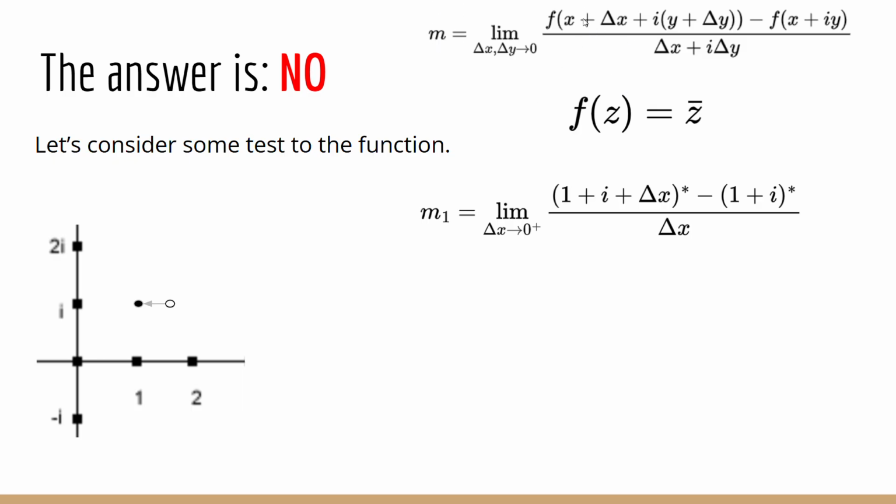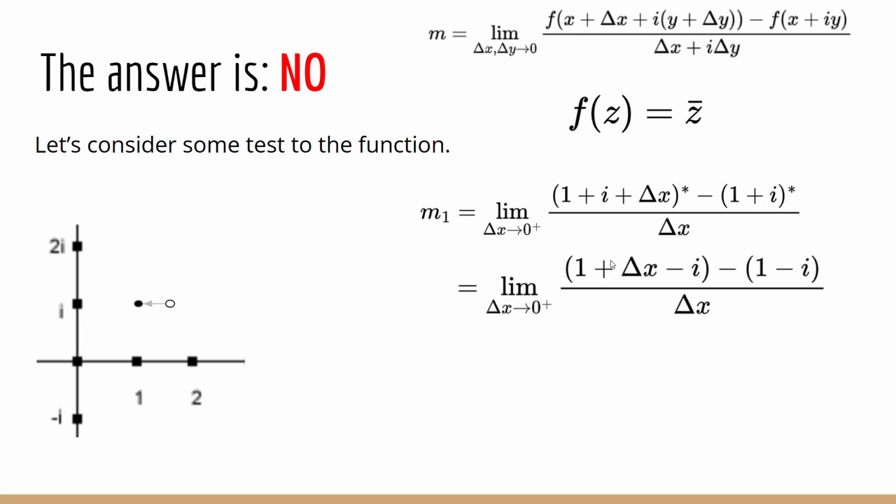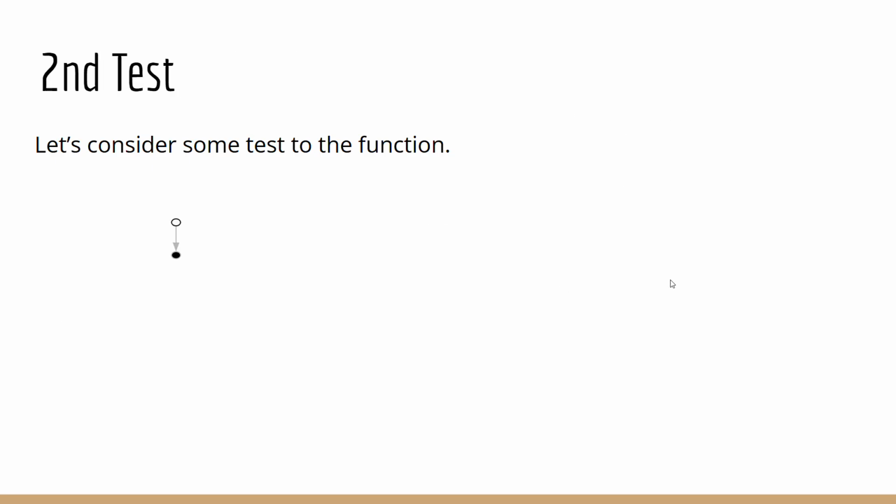Recall that f of z is just z conjugate. Since delta y equals 0, it simplifies into 1 plus i plus delta x conjugate, minus 1 plus i conjugate. And this is basically just 1 plus delta x minus i, because the real part doesn't change, the imaginary part changes. In the end, it will simplify to 1. This derivation should be quite straightforward, so I won't go into details.